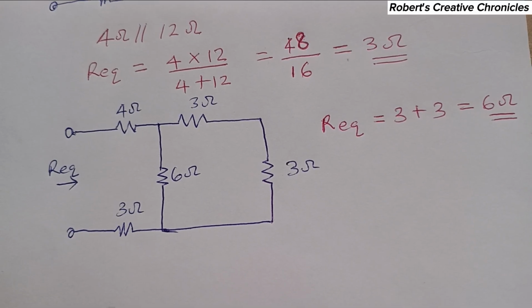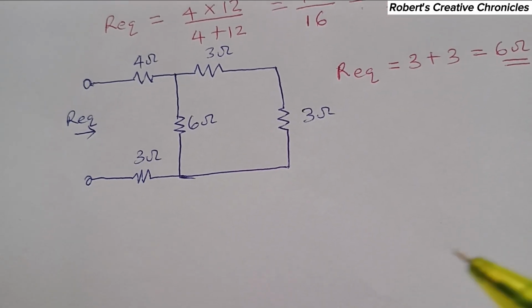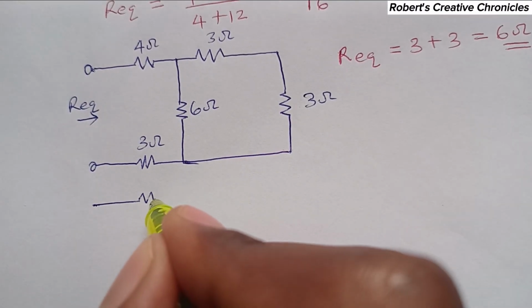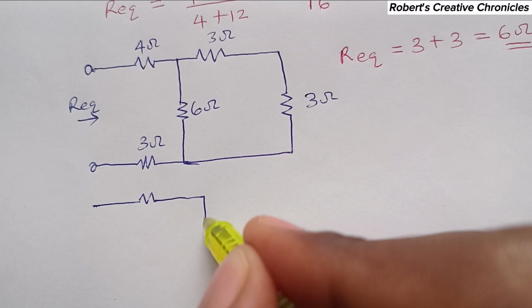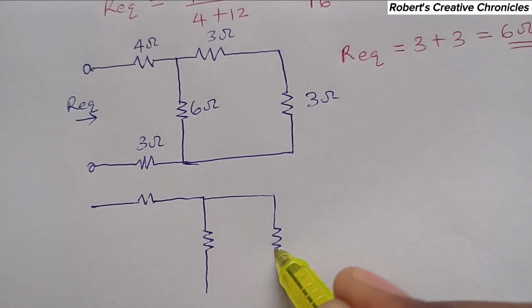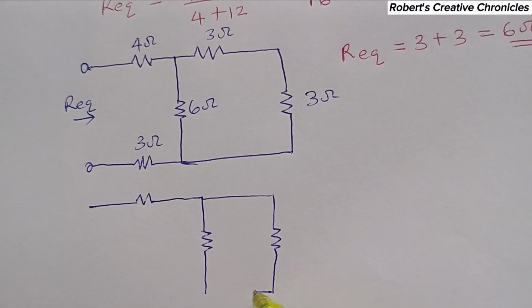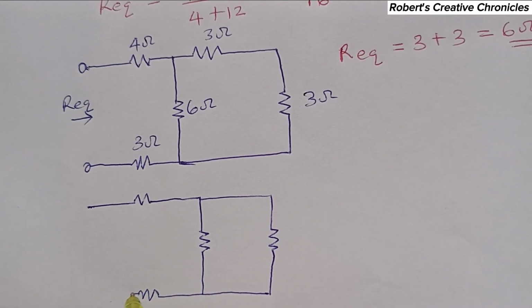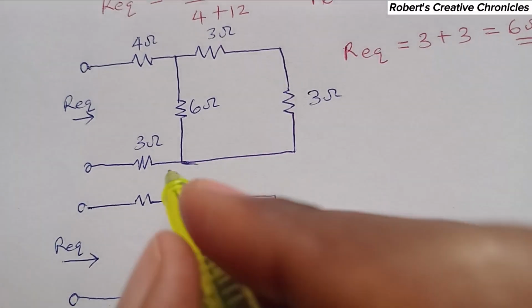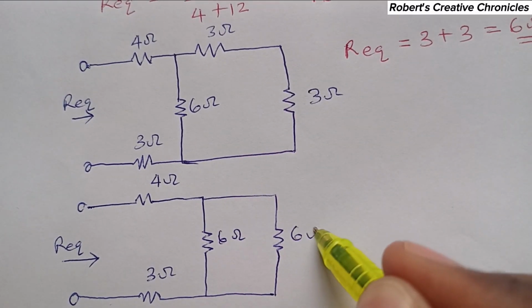So we draw the circuit. Here is 4 ohms, here is 3 ohms, here is 6 ohms, and here is 6 ohms.